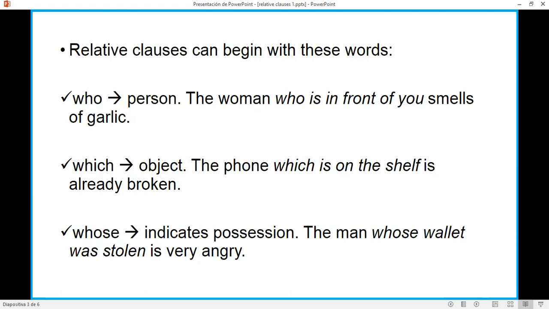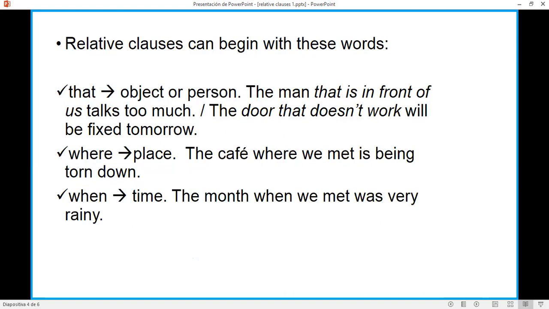In this case, yes. ¿Quién? ¿Quién o quiénes? Depending on the subject pronouns. Okay, that is used for objects and for people, for a person, okay?